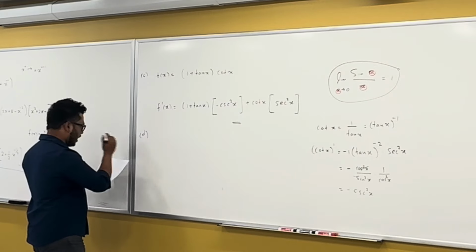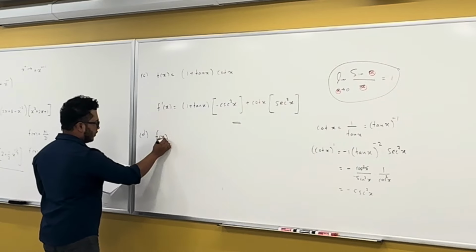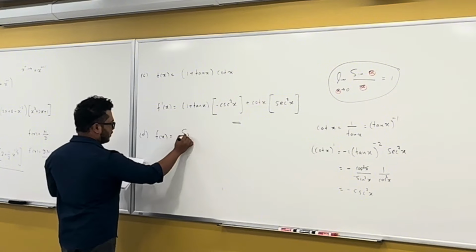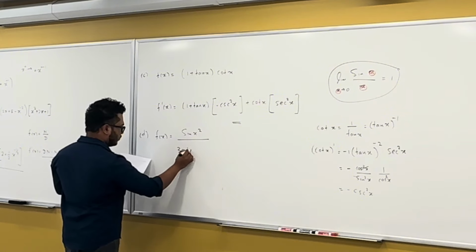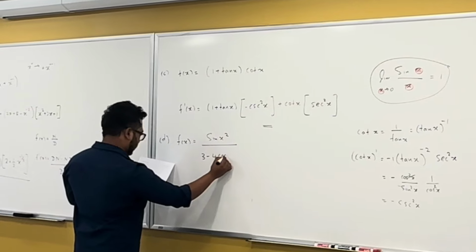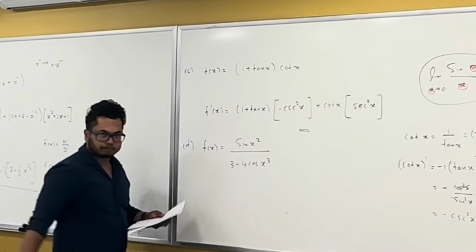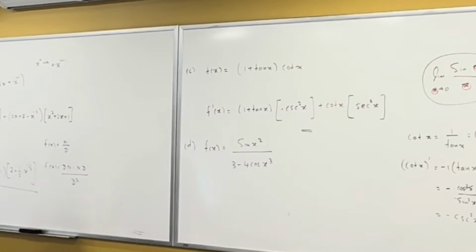D. Here we have a quotient of trig functions: sine of x to the power 2, over 3 minus 4 cosine of x to the power 3. Remember, within the product rule, sometimes we have to use the chain rule. Similar when we work with the quotient rule.